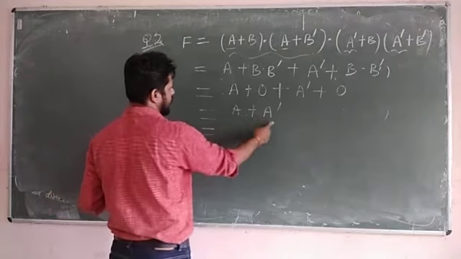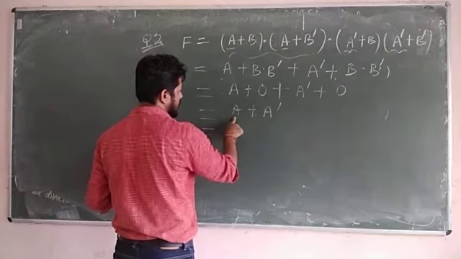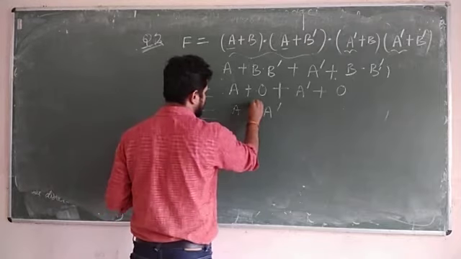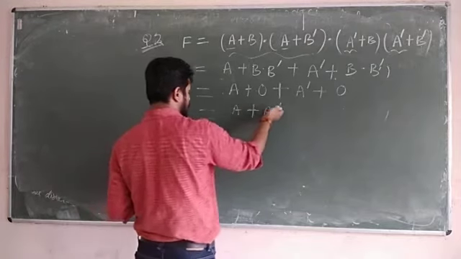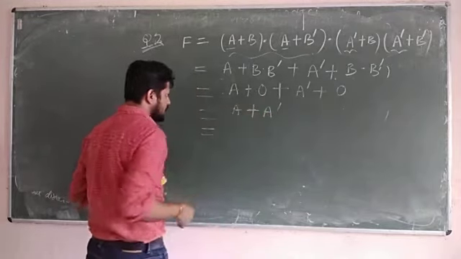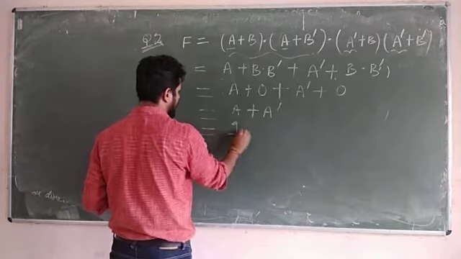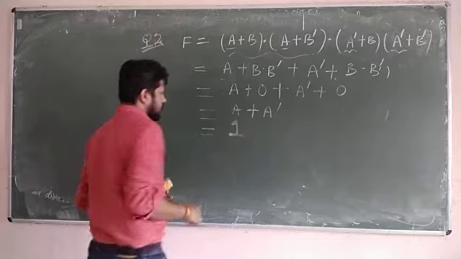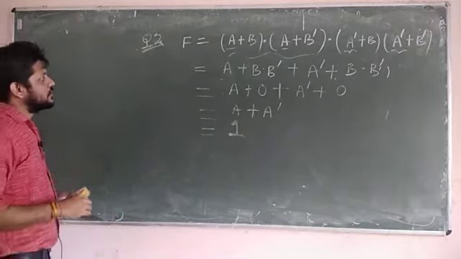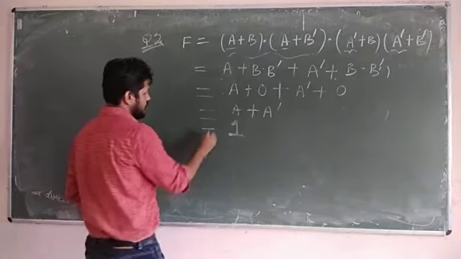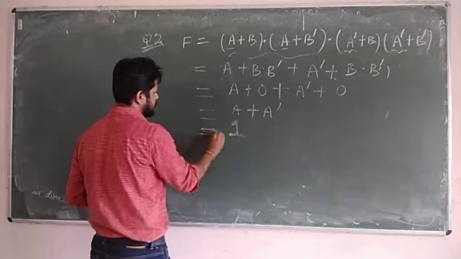Then from the OR law, if a variable is complemented and ORed with the same variable, the answer is always equal to 1. This is from your OR gate conclusion. So finally after the reduction we will have F is equal to 1.